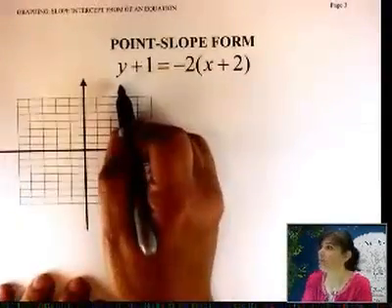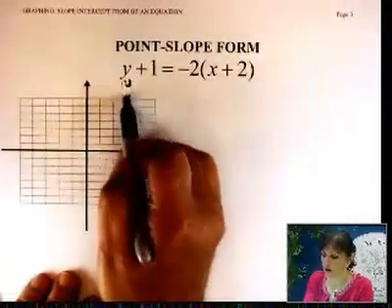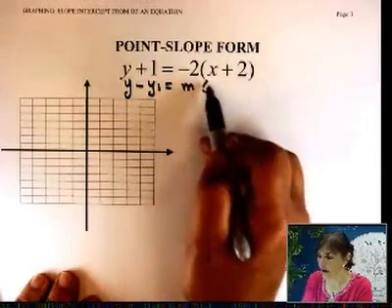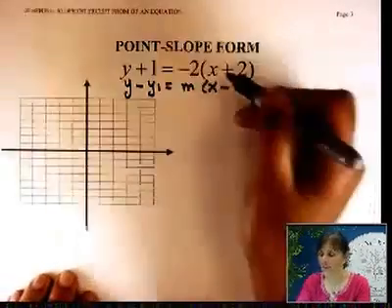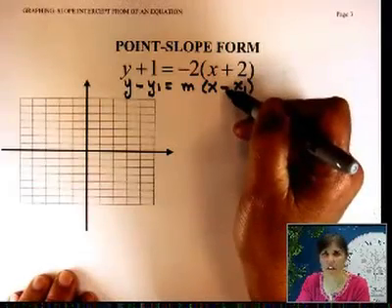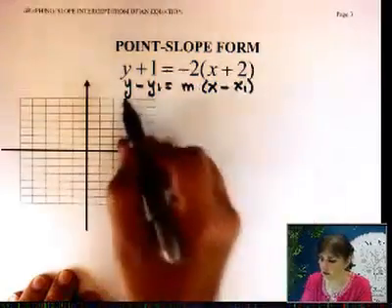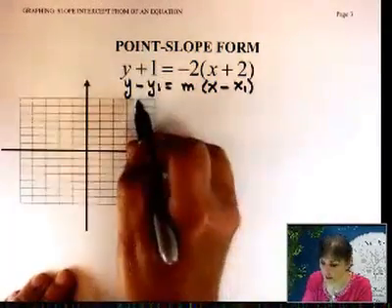Okay, let's line up the formula. y minus y1 equals m times x minus x1. This one is a little tricky because this one has a positive, this one has a negative. I will do a little trick. Watch. Instead of positive, I'm going to put negative, negative.